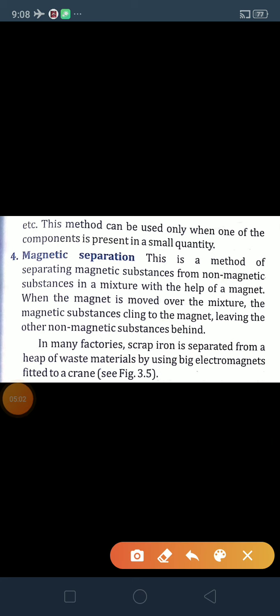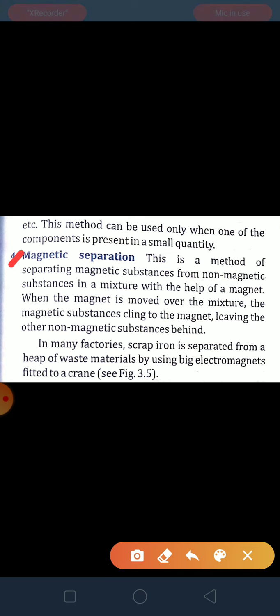Magnetic separation is the fourth one. From this word also we can understand that this is a separation process by the help of a magnet. If you separate the magnetic substances from non-magnetic substances in a mixture with the help of a magnet, that process is called magnetic separation.